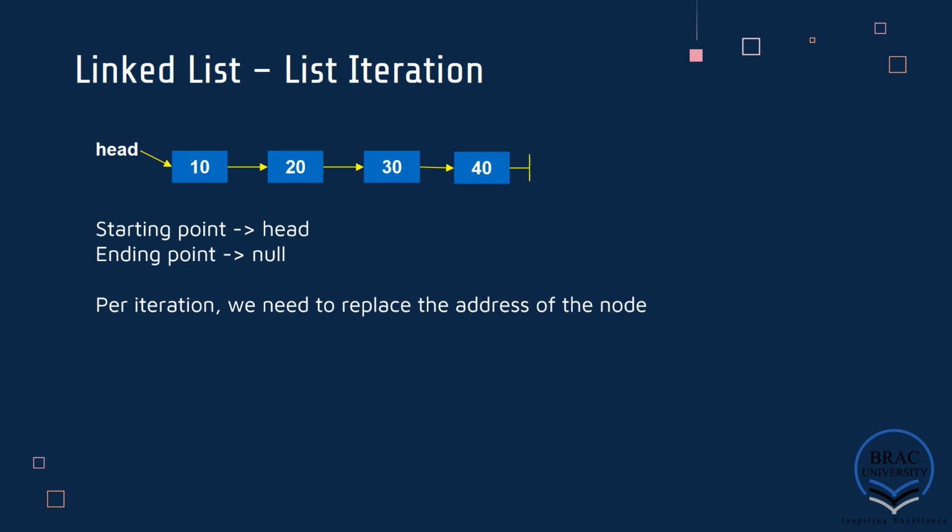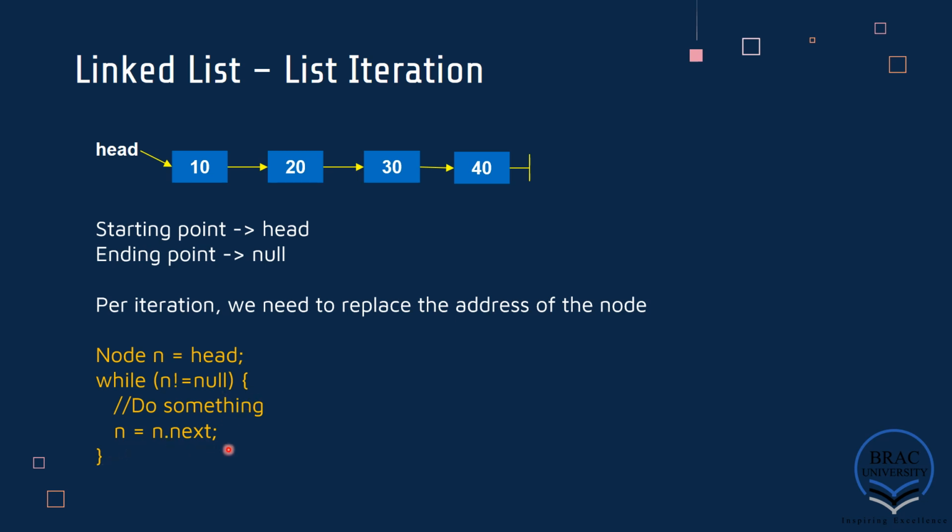So if you look at this loop, here I have node n which is equal to head, then I have a very simple while loop where the ending condition is n not equal to null. So I'm going to iterate the list, changing the value of n till I get a null value.